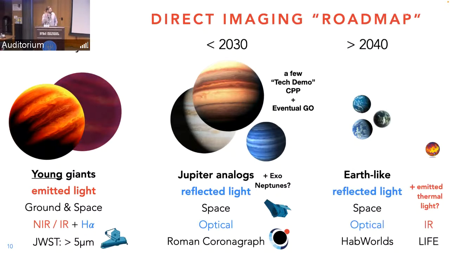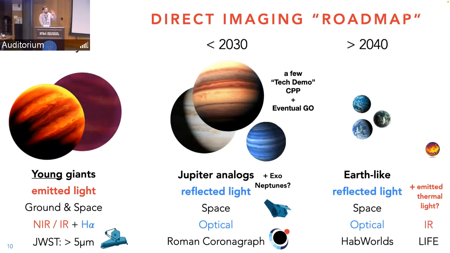And then beyond 2040, hopefully we'll have a bigger mission like the Habitable Worlds Observatory mentioned not so long ago by NASA. So that's going to be also reflected light in the optical, and the goal here is to go after a few, hopefully a few tens of Earth-like planets and super-Earths, also with spectroscopic capability.